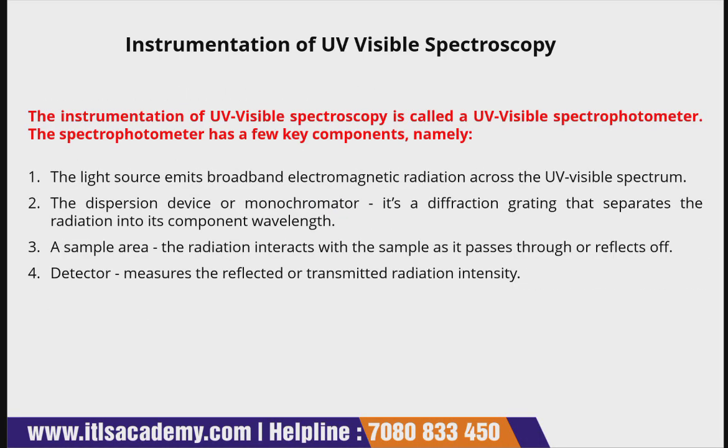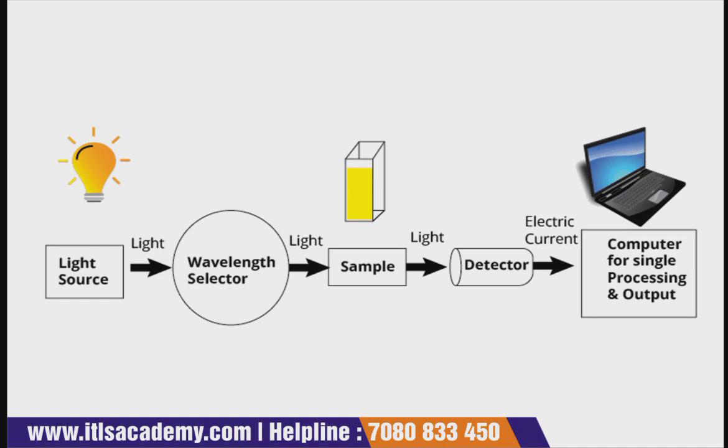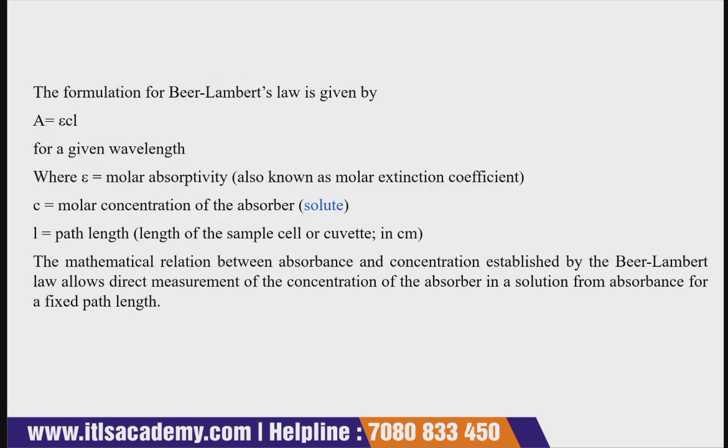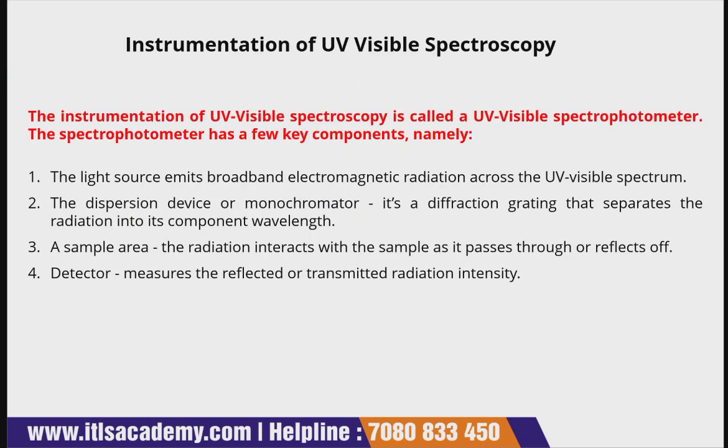Okay, now moving to the next, that is the instrumentation of UV visible spectroscopy. As you can see, the instrument is known as a UV visible spectrophotometer. The spectrophotometer has a few key components. The first is the light source.